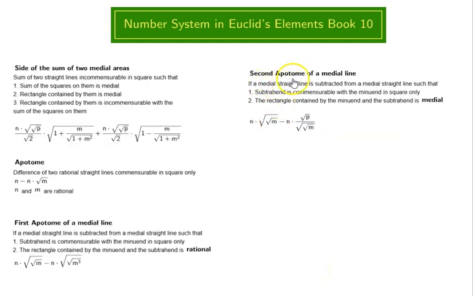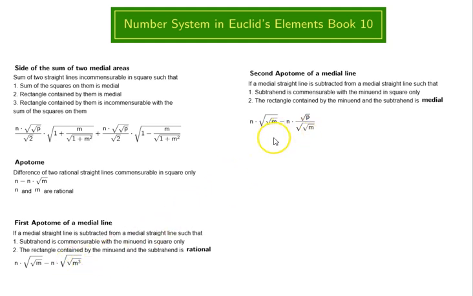He talks of second epitome of a medial line. If a medial straight line is subtracted from a medial straight line such that the subtrahend is commensurable with the minuend in square only, and the rectangle contained by the minuend and the subtrahend is medial, then it is called a second epitome of a medial line. So look at the difference between these two.